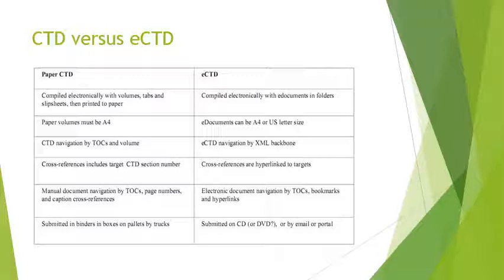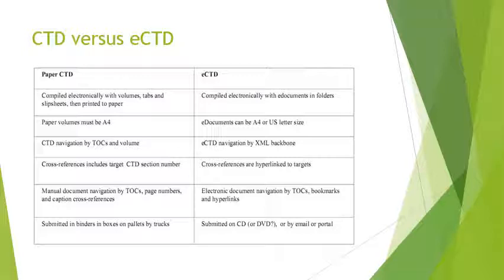For navigation in various sections of a CTD, there is a table of contents, whereas in ECTD it has an XML backbone which is similar to a TOC itself. Cross references in a CTD include the target CTD section number, whereas in ECTD they are hyperlinked to the targets.